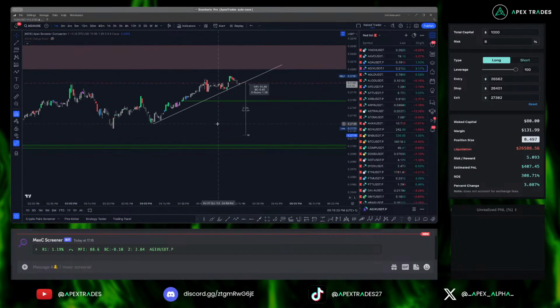You can see we've established a nice trend line here now, which seems to be getting respected. This is where we get interested. Not normally the greatest trade on a Friday, to be fair. It's not the most dynamic.